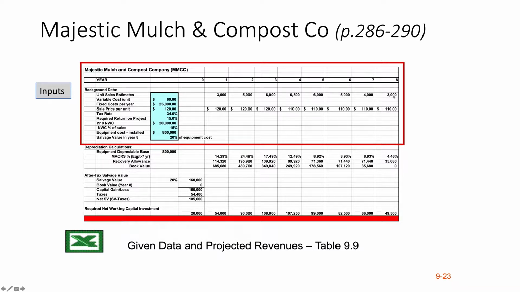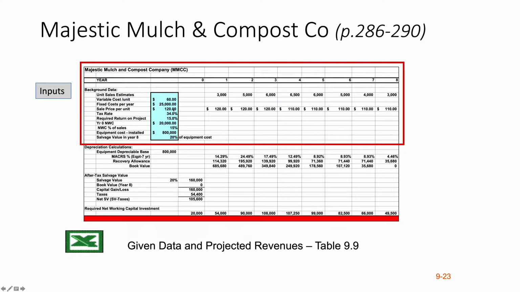Then at the end of 8 years, you liquidate the project. The variable cost for that particular product is $60 per unit, never changing. Fixed cost per year is 25,000. Sales price per unit is 120.